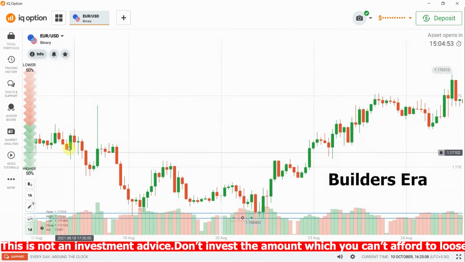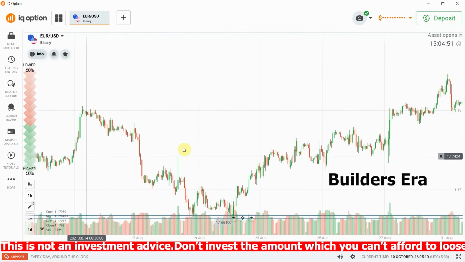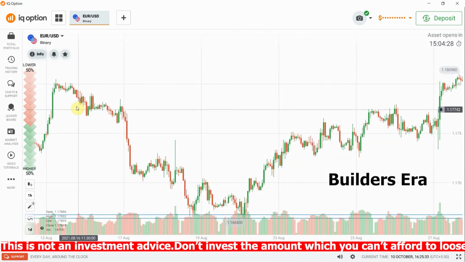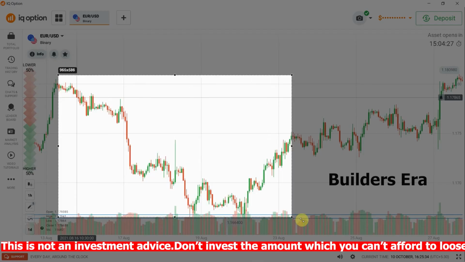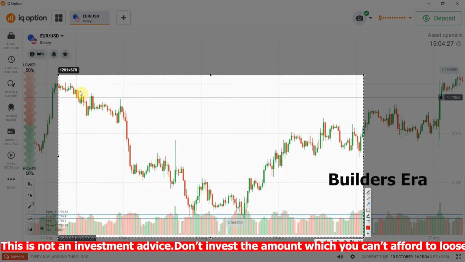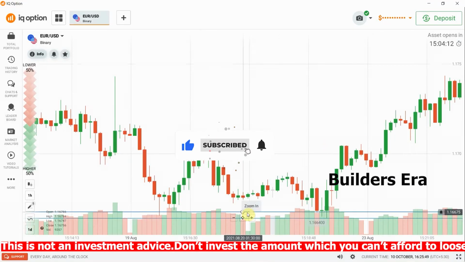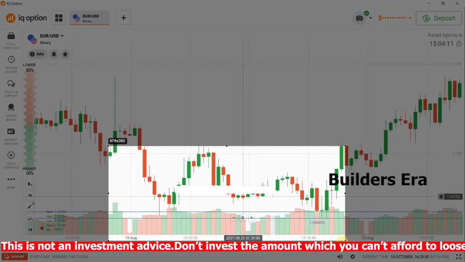Here you can see the market moving down, and when it hits this level, it starts to get a pullback, and then it hits again, and then it reverses. When you zoom in, you can see it here.